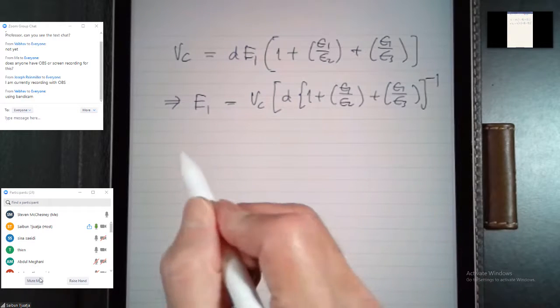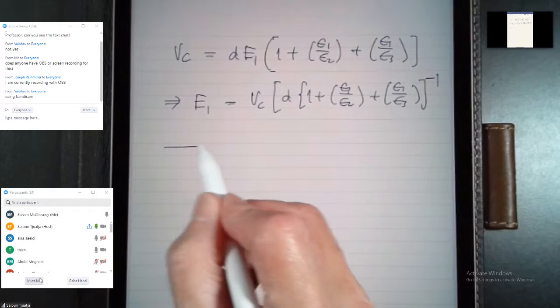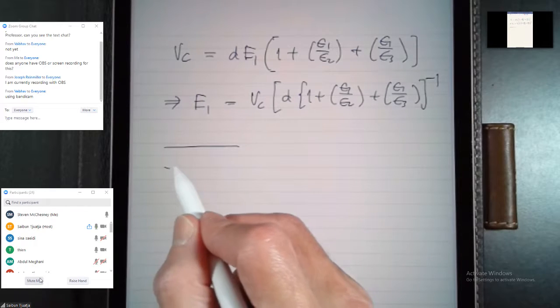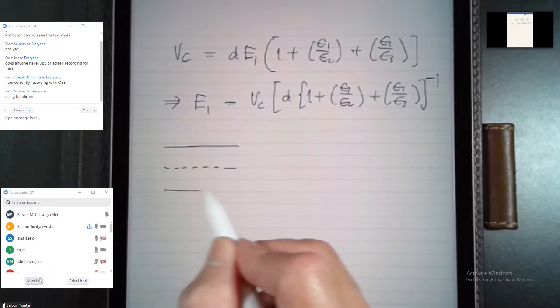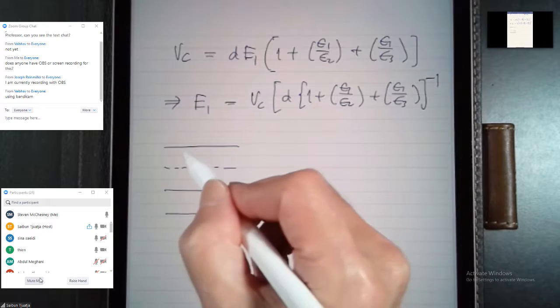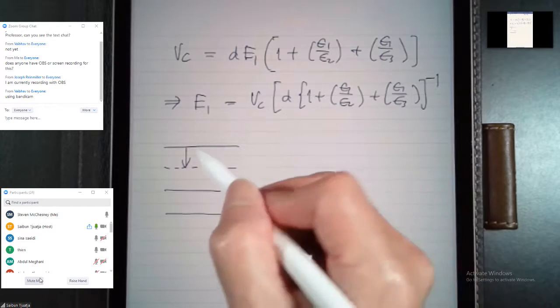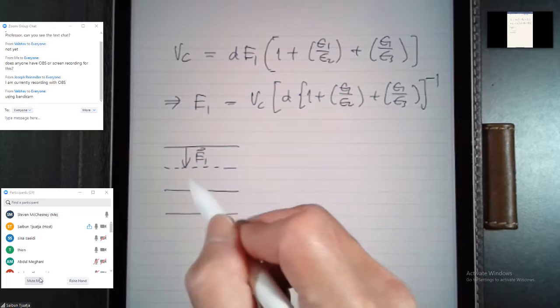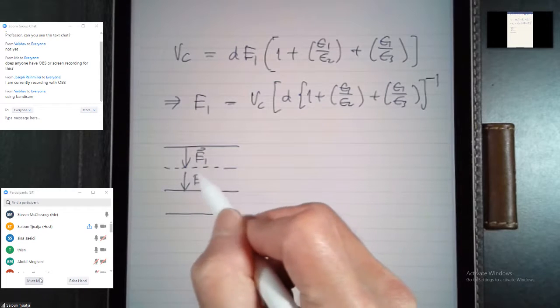So if you draw it, this is my E1, here's my E2, here's my E3.